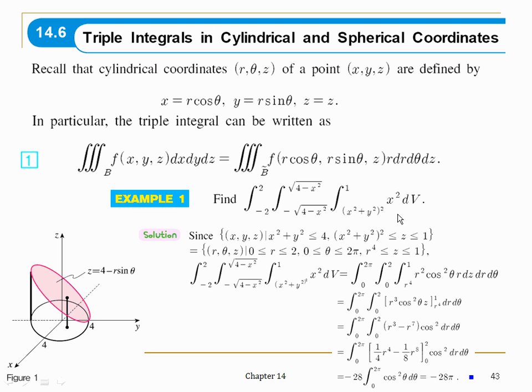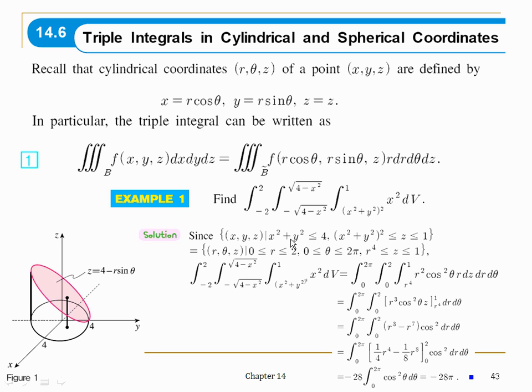Okay. In this case, as you see, this integral involves the square root of 4 minus x squared, which can be easily transformed to cylindrical coordinates by this substitution.